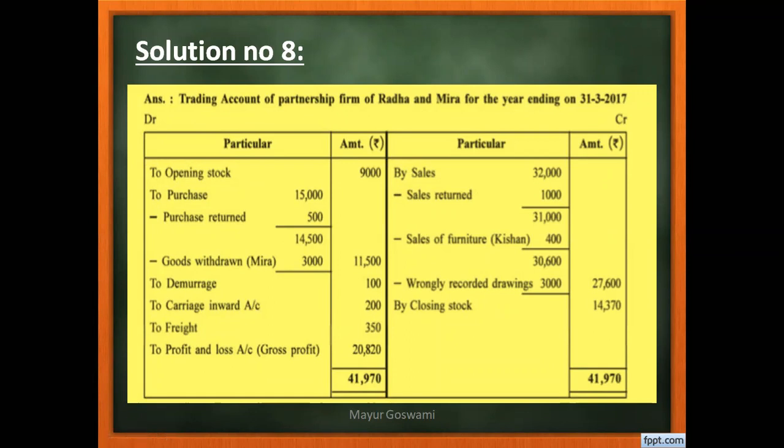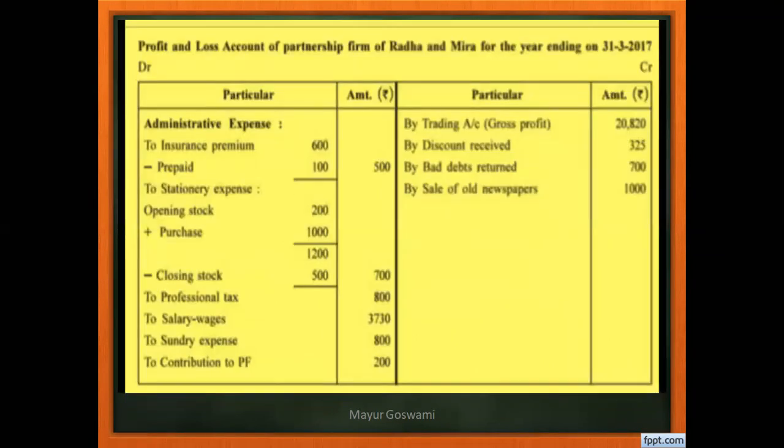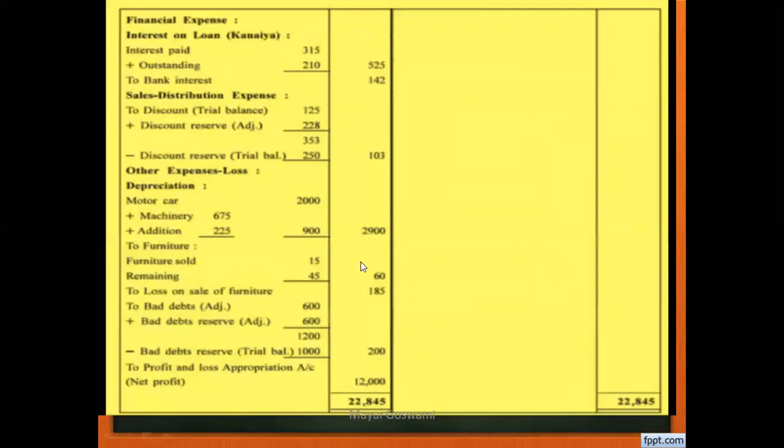Then after discount allowed and received both are given. But as you know that for discount allowed here in this sum you have to prepare a small table. So come to the P&L debit side. We'll prepare one small table.